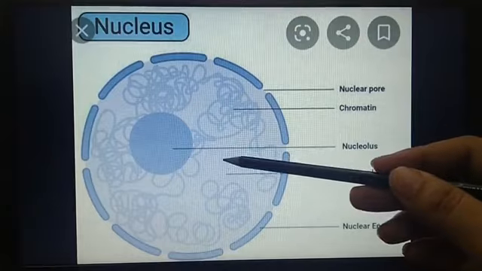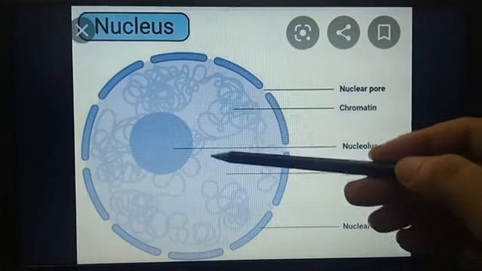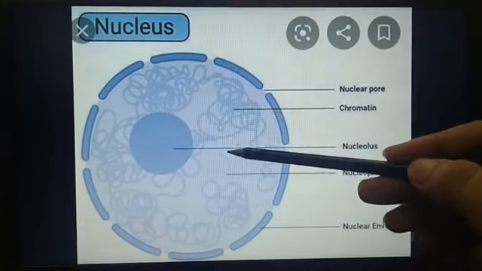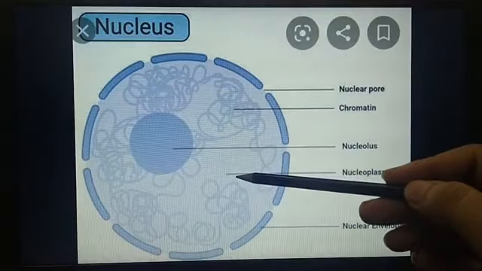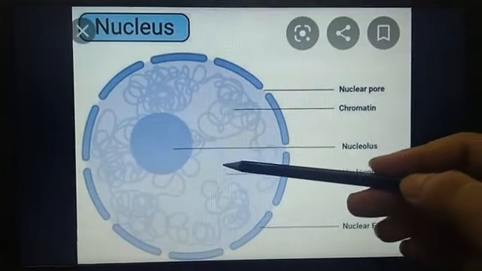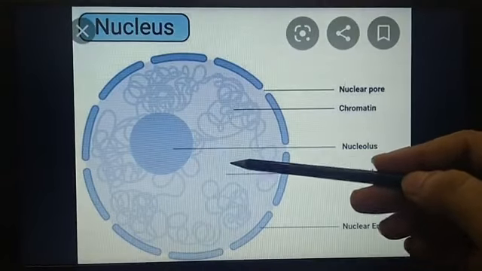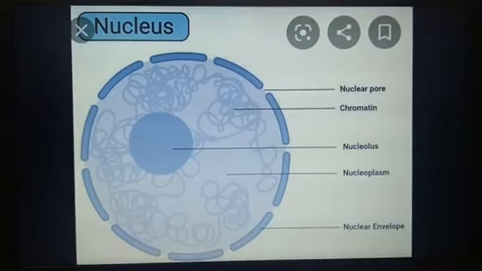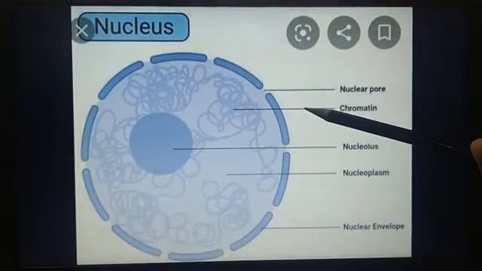Inside the nuclear membrane, nucleoplasm is present. Nucleus has two major functions. First, it stores genetic material, and second, it coordinates the cell's activities like growth, metabolism and reproduction.